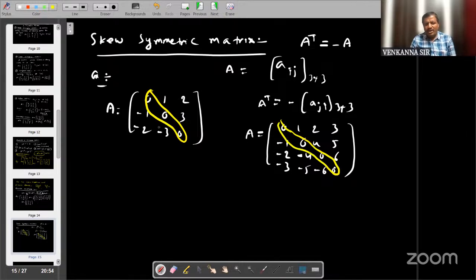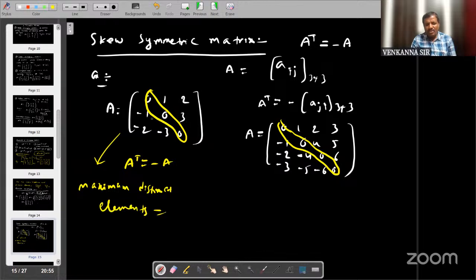If you take the transpose, it satisfies A transpose equals minus A in both cases, and all principal diagonal elements must be zeros. Can you guess the maximum number of distinct elements?